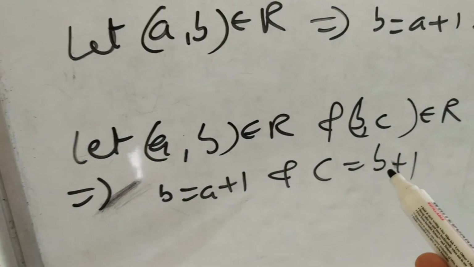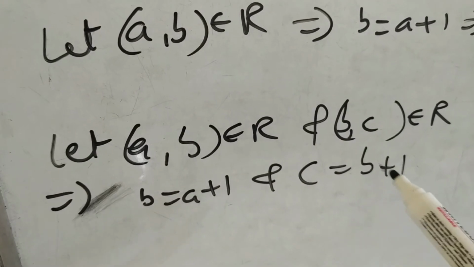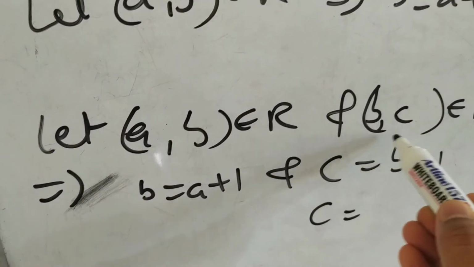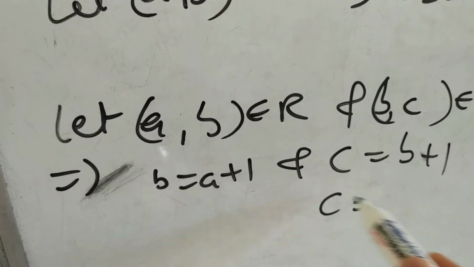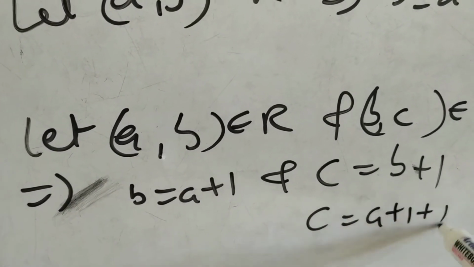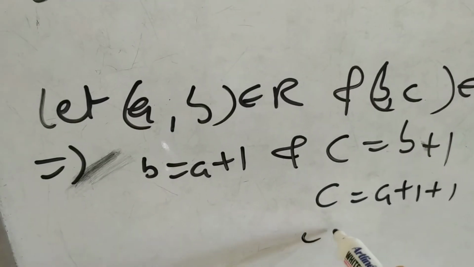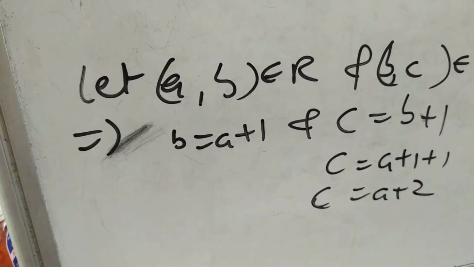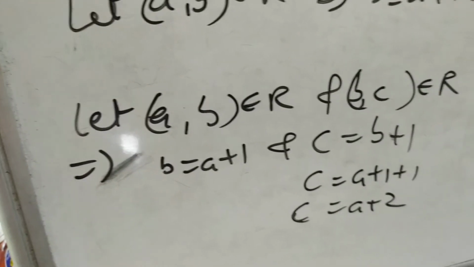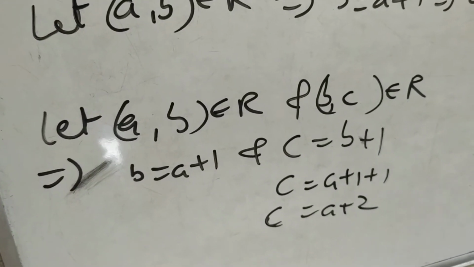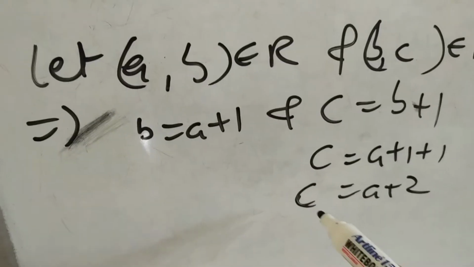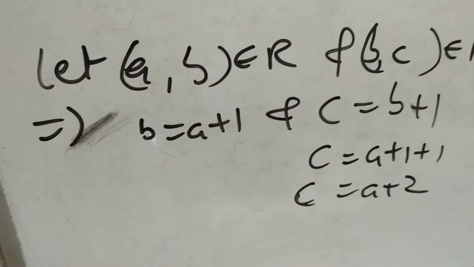By the definition, C is B plus 1, but B is A plus 1, so what is C? In place of B, I am substituting the value of B, that is A plus 1, plus this one. So C is equal to A plus 2. And this relation will be transitive if (A, C) belongs to R and C is equal to A plus 1. But here I am getting C as A plus 2.